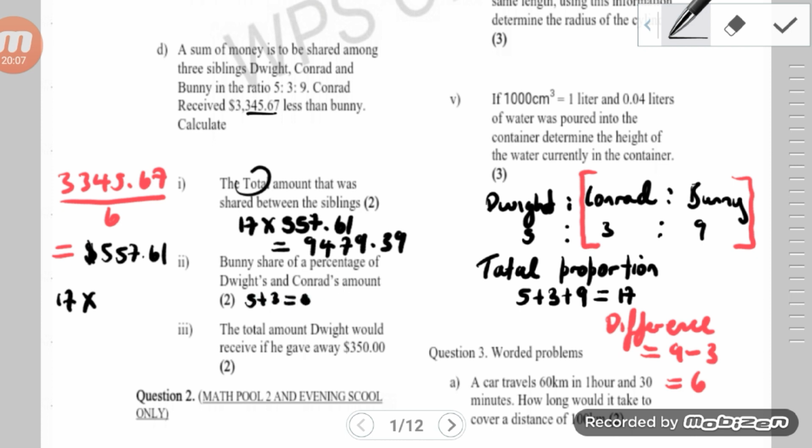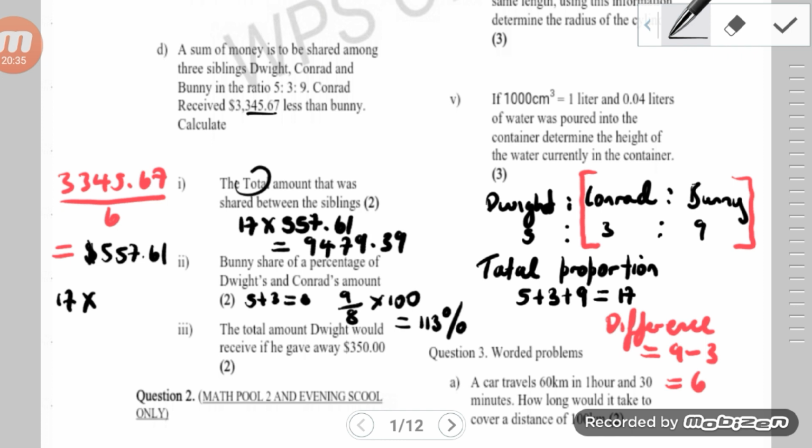So Bunny, compared to what those two received together, would be 9 shares divided by 8 shares. As a percentage, you multiply by 100, and if you go on your calculator, you'll find that the answer is approximately 113%. That's the easiest way to do it.